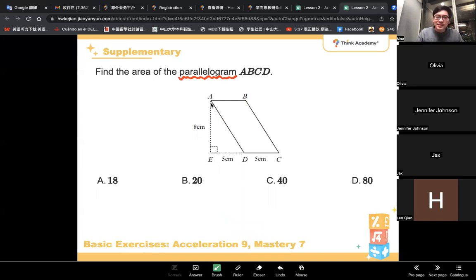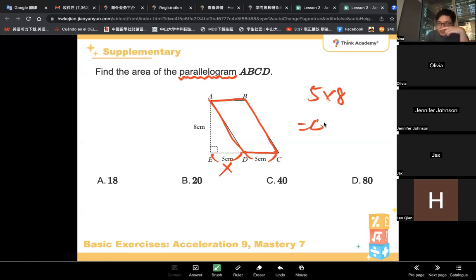Yeah, it looks like it, but it's actually asking about ABCD, the area of the parallelogram. So we know the base is 5 centimeters long. Can it be 10? No. So 5 times the height, which is 8, is 40.